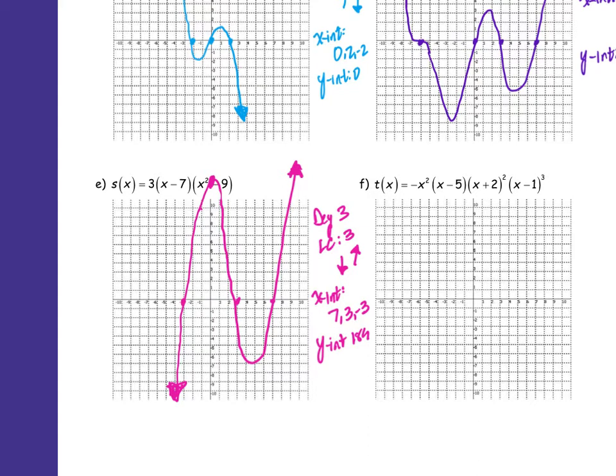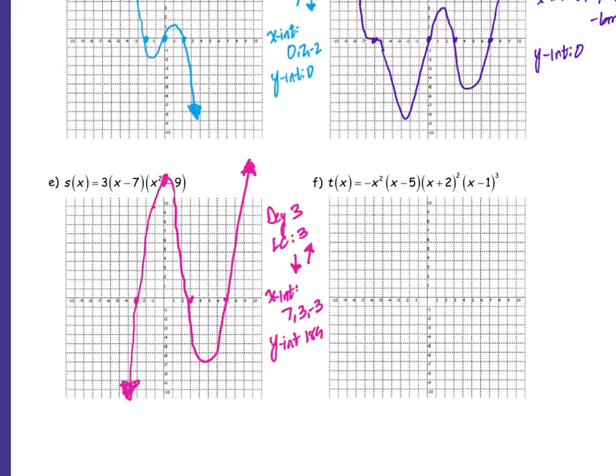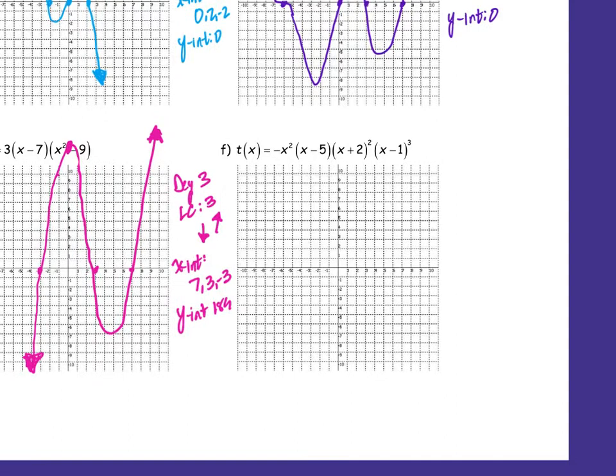And then the last graph is degree 8, leading coefficient of -1. So they're both going to end open. It's going to open down. So my x-intercepts are 0, 5, -2 with a multiplicity of 2.